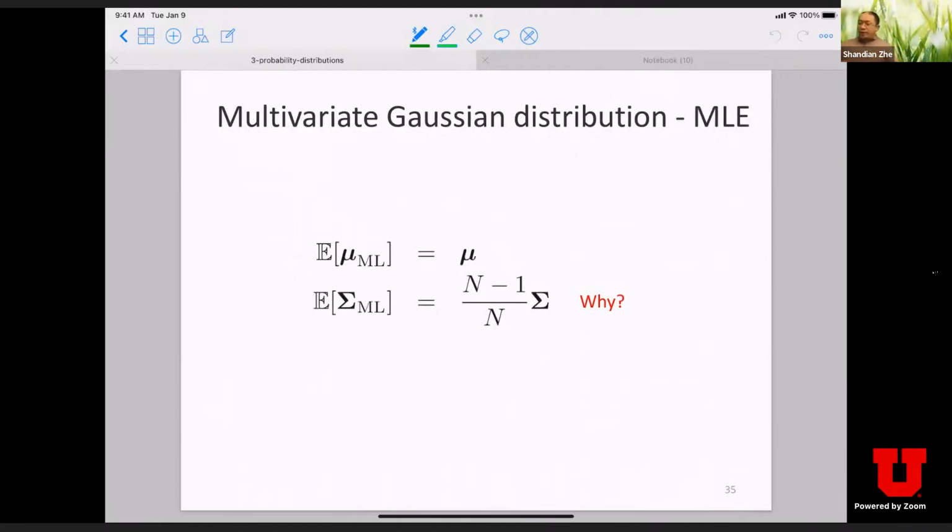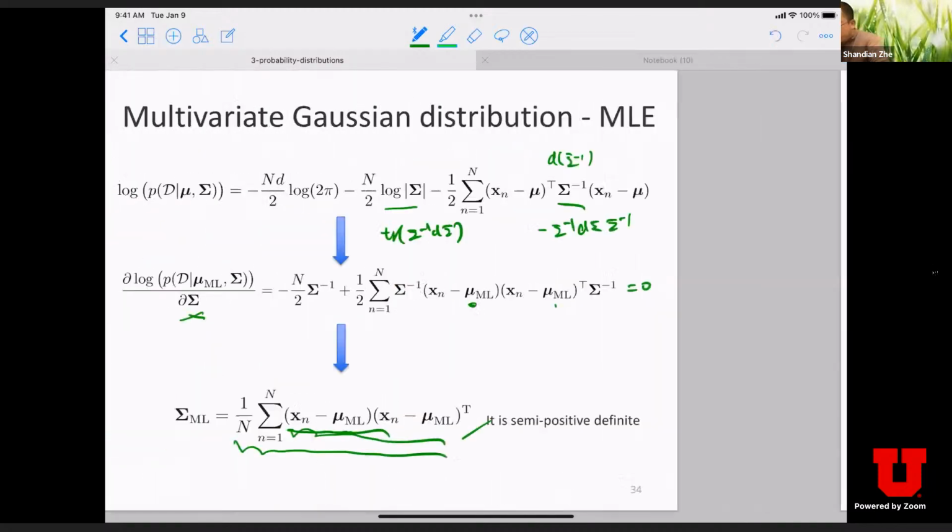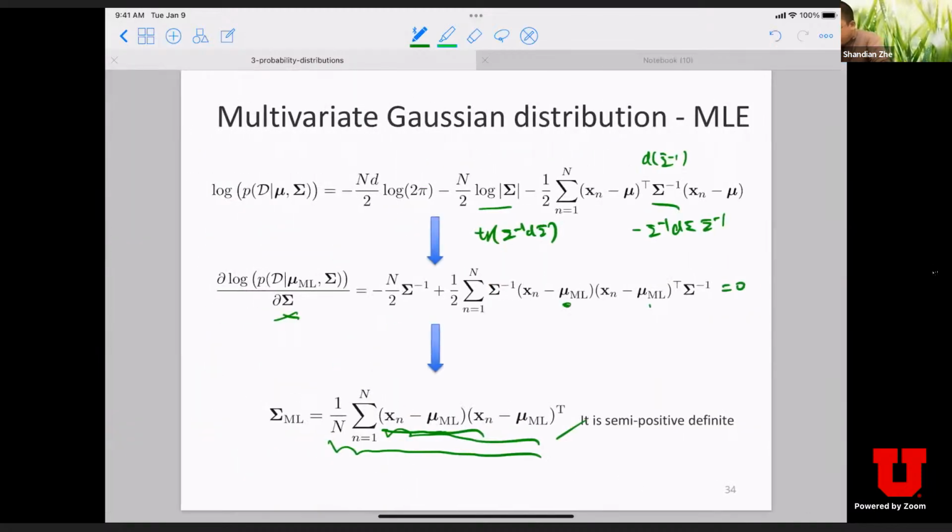There's a very interesting observation. If you look at the maximum likelihood estimation of those parameters, mu and the covariance matrix, you'll find that they're actually not unbiased estimates. What's the meaning of that? Let me write down mu ml here.